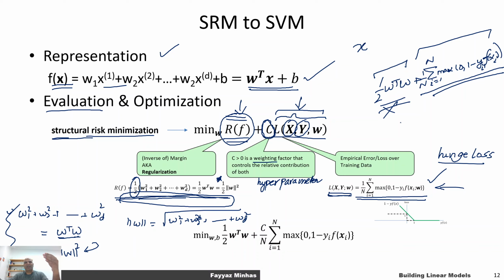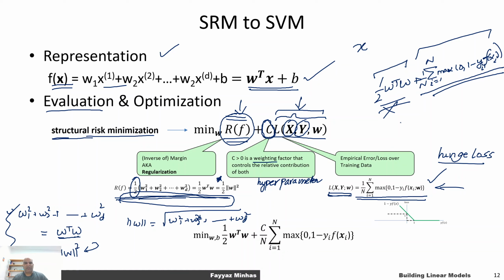And if you relate it to the same thing over here, this parameter C controls how much weighting we want to give to the error minimization or loss minimization over the training data, that is the empirical risk minimization, and how much importance we give to this regularization.